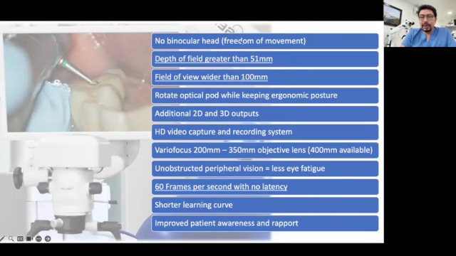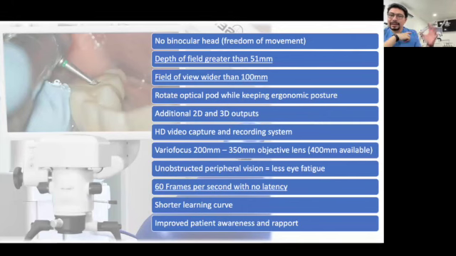Another advantage, you can rotate the optical pole while you maintain your ergonomic position. You can have additional outputs. As you can see, my 3D microscope is just behind me, and I have an extra screen. That one is a regular screen, and I can project all the images that I am seeing on that screen that is on the wall.